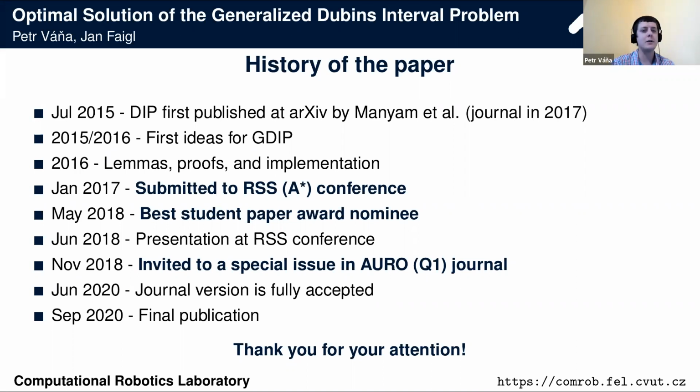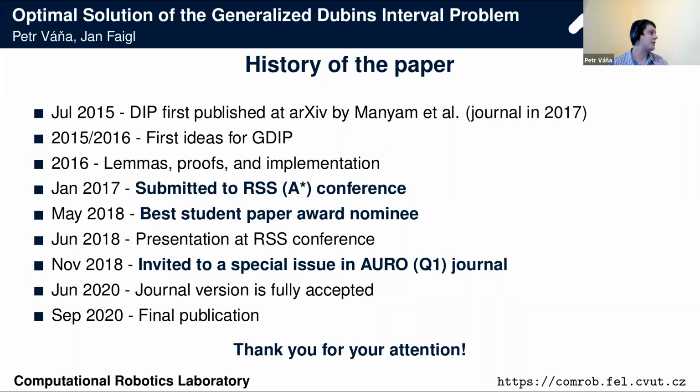So we found it quite recently, quite fast. We started somewhere between 2015 and 2016 working on this, and we had some first ideas. To be honest, my supervisor was a little bit skeptical at first, but after a while, we found that this problem can be solved optimally.